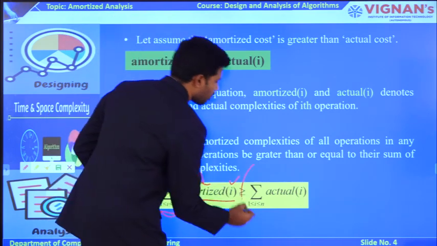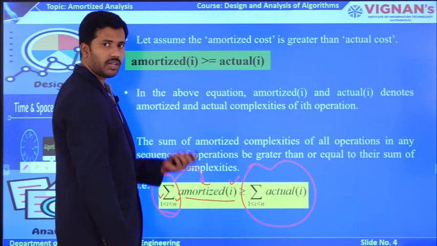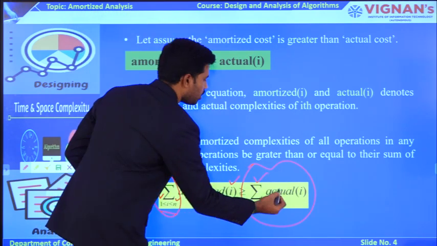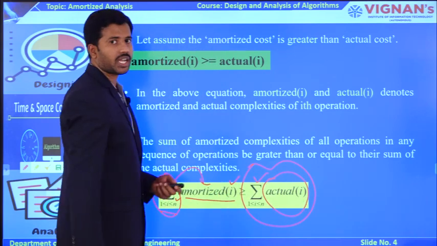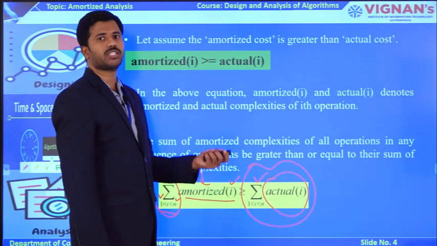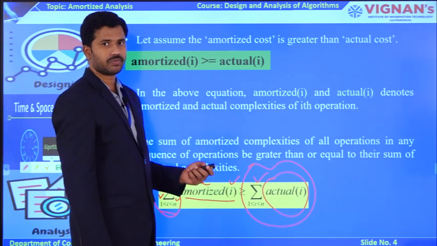Likewise for actual cost: actual of i gives the actual cost for the ith operation. If I apply sigma on actual of i, ultimately I can get the actual cost for all the operations in my algorithm.